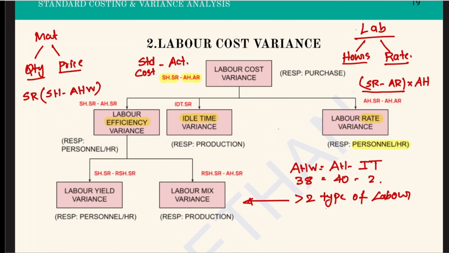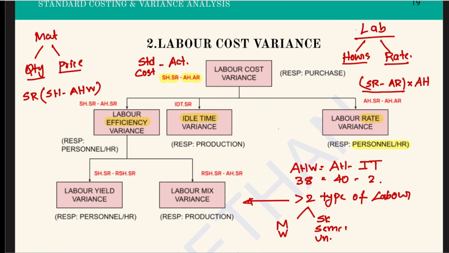This can be men, women, or skilled, semi-skilled, and unskilled. These are different types of labor and their rates are different. Only when they are involved, you have two more sub variances, yield and mix. For this you have to calculate something called revised standard hours, which is similar to what you learned in the previous class for material cost variance.